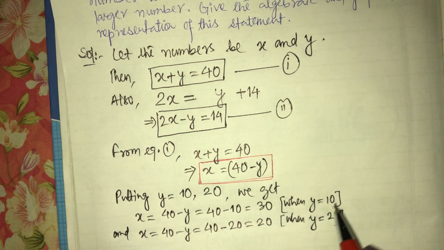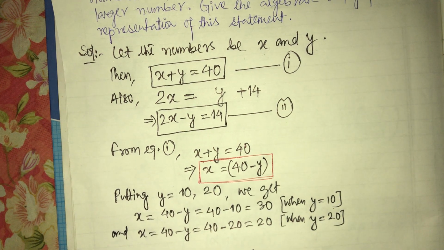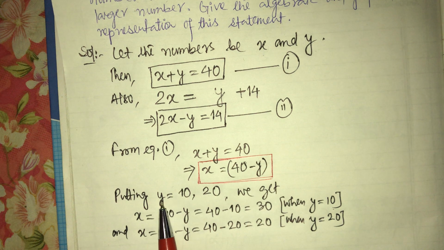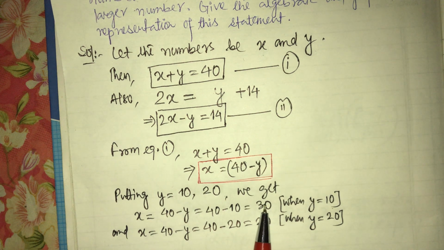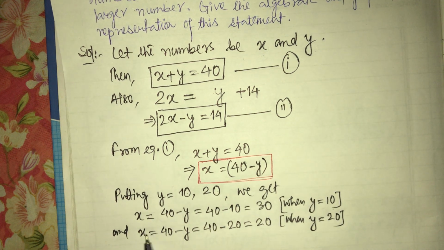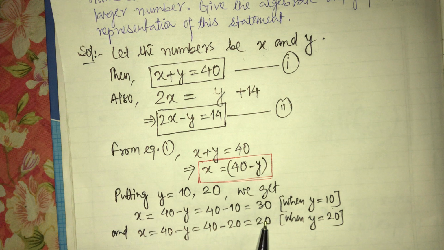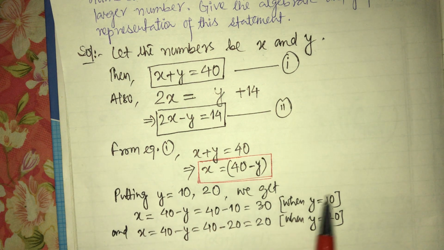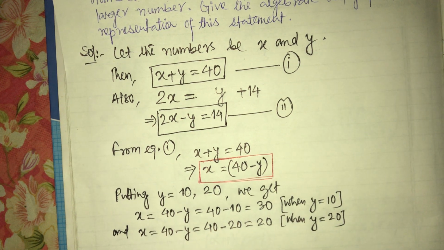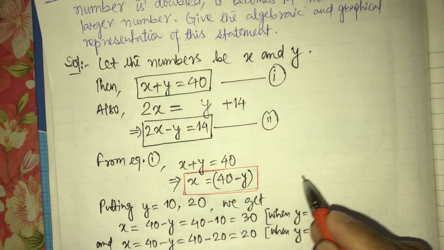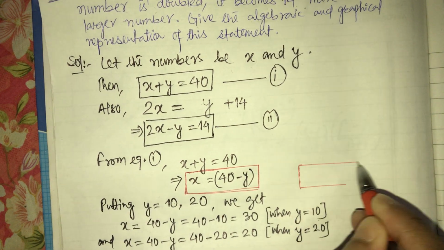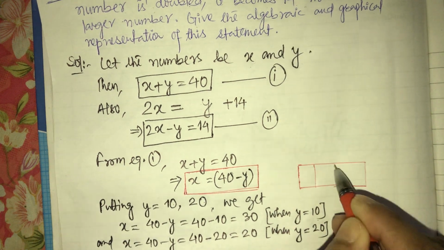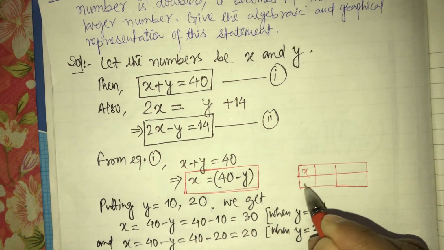So we got both the values of x and y. When y was 10, x becomes 30. When y was 20, x becomes 20. So we got two values each for x and y. Now we can make the table here: x, y.